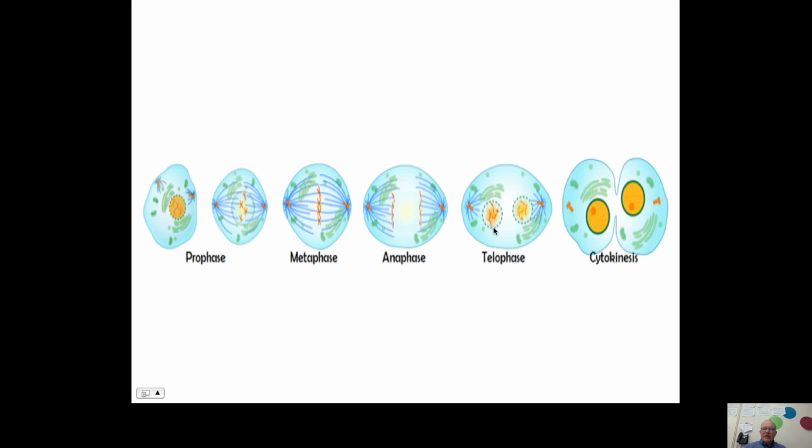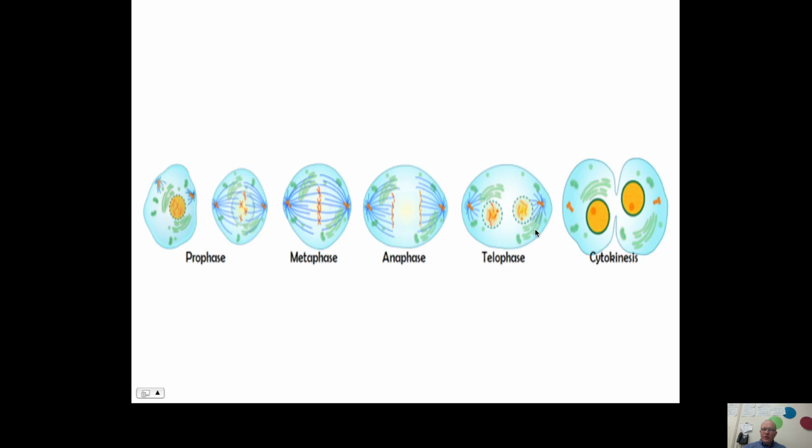In telophase, the nuclear envelope begins to develop. You have two distinct nuclei begin to develop. You have the two new sets of organelles there.